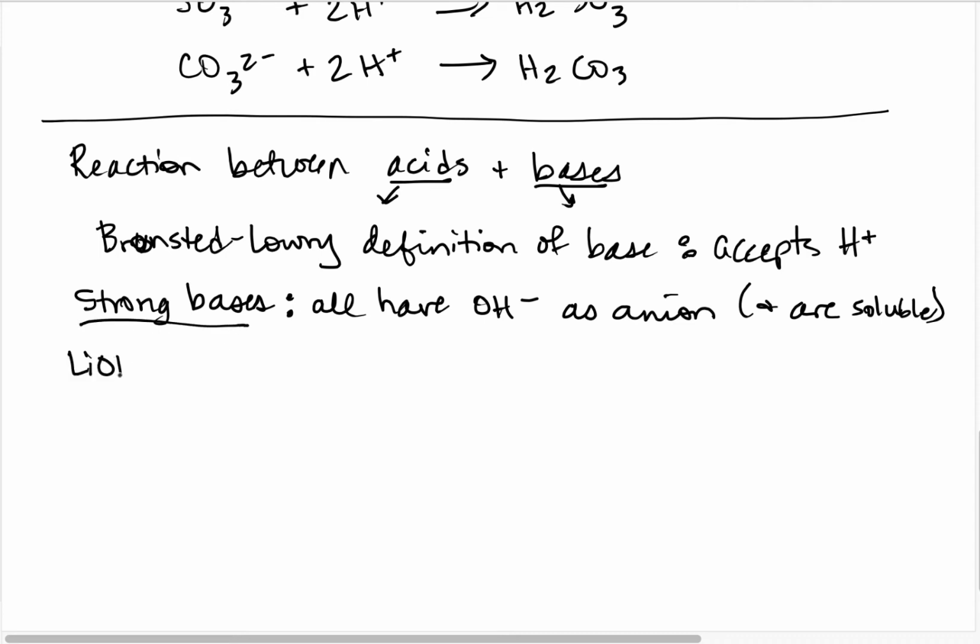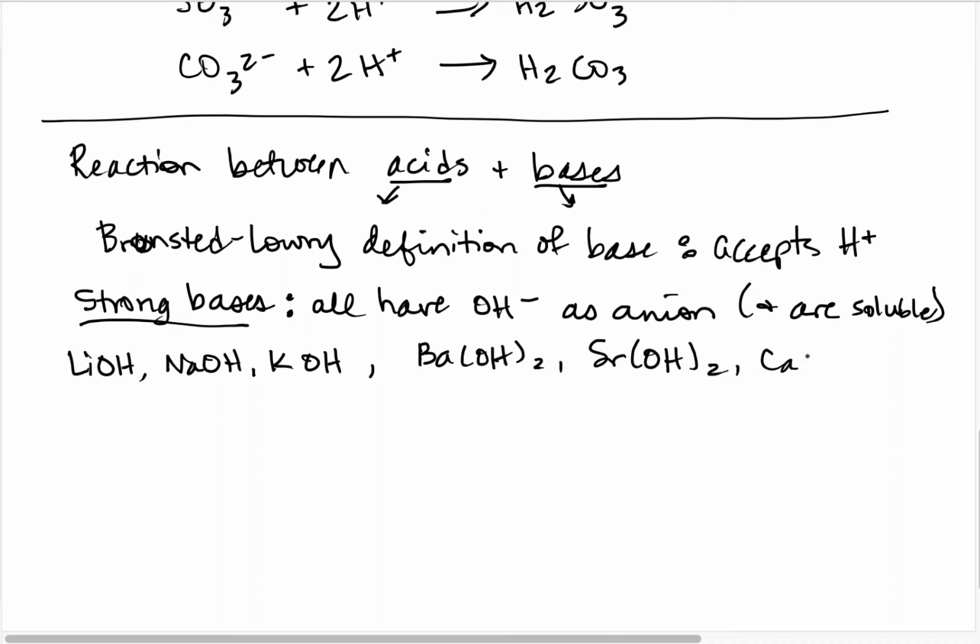So we have lithium hydroxide, sodium hydroxide, potassium hydroxide, so those are all alkali metals for the cation. And then we have barium hydroxide, strontium hydroxide, and calcium hydroxide.